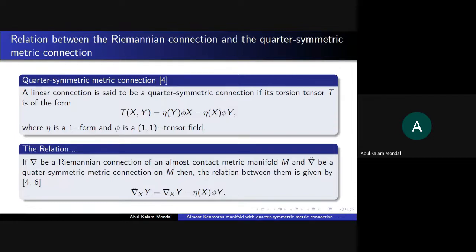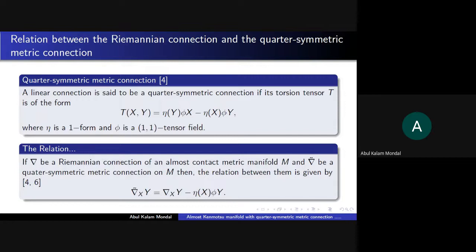In 1975, the mathematician Golab introduced a new connection called the quarter-symmetric connection. If the torsion tensor T is of the form T(X, Y) equals η(Y)φX minus η(X)φY, where η is a one-form and φ is a (1,1) tensor, this is a generalization of the semi-symmetric metric connection.